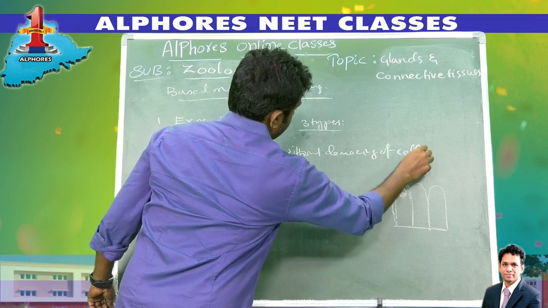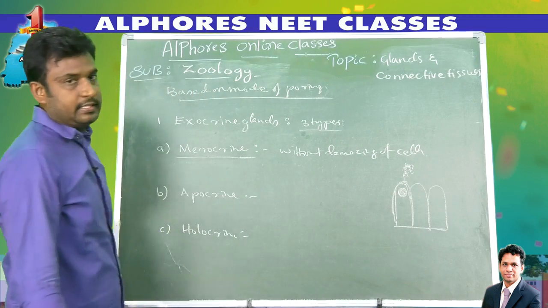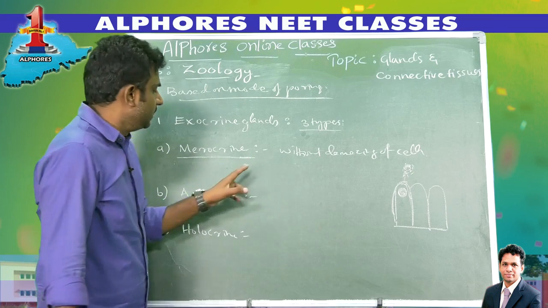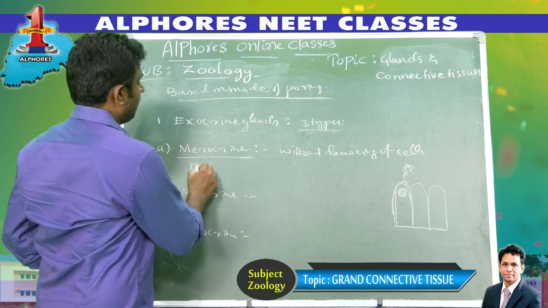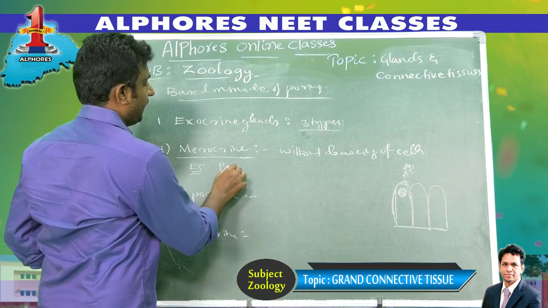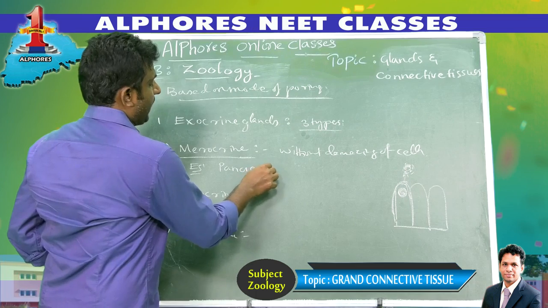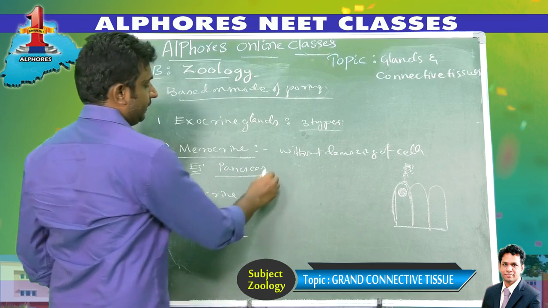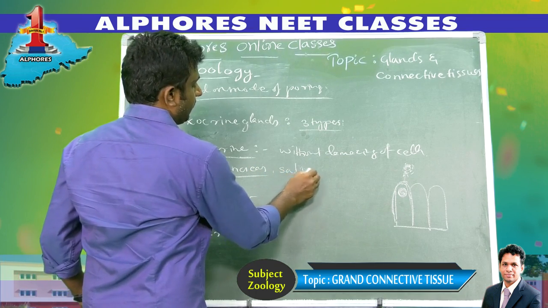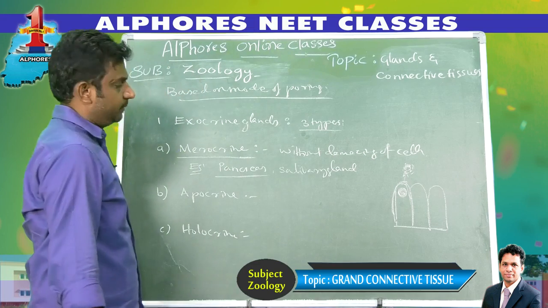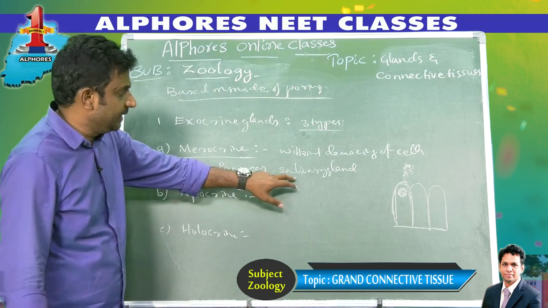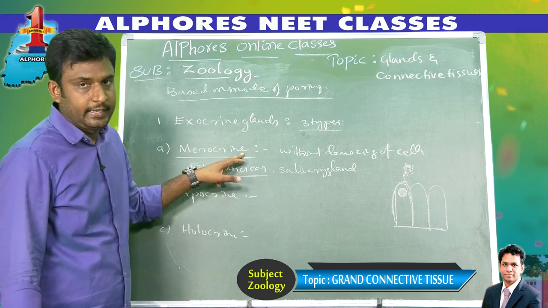Without damaging the cells, they release secretory materials. That is called merocrine. Examples of merocrine glands are the pancreas and the salivary glands.